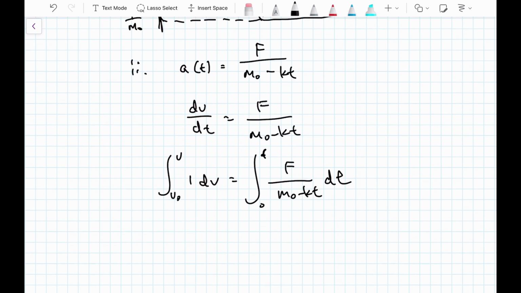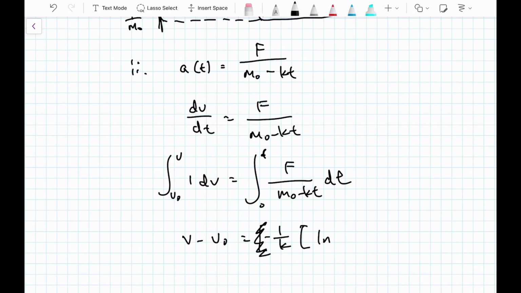And then we get v minus v0 is equal to minus 1 over k, wait.